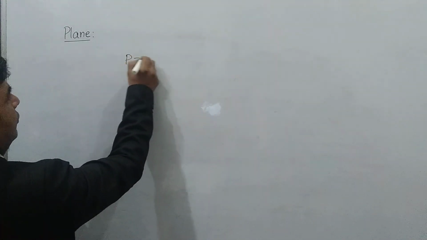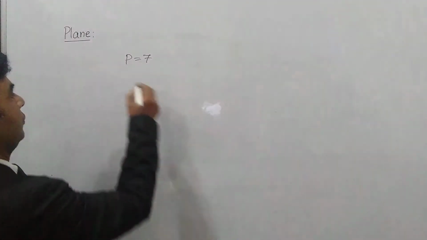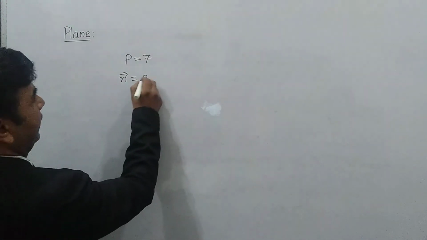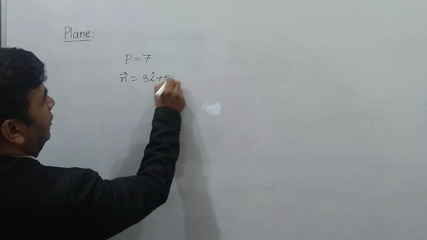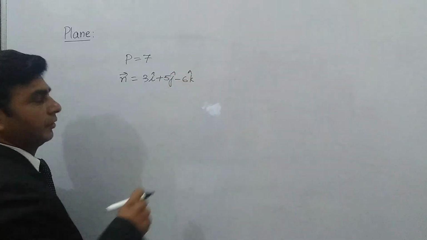Distance from origin is represented by p, and normal vector is given as 3i cap plus 5j cap minus 6k cap.